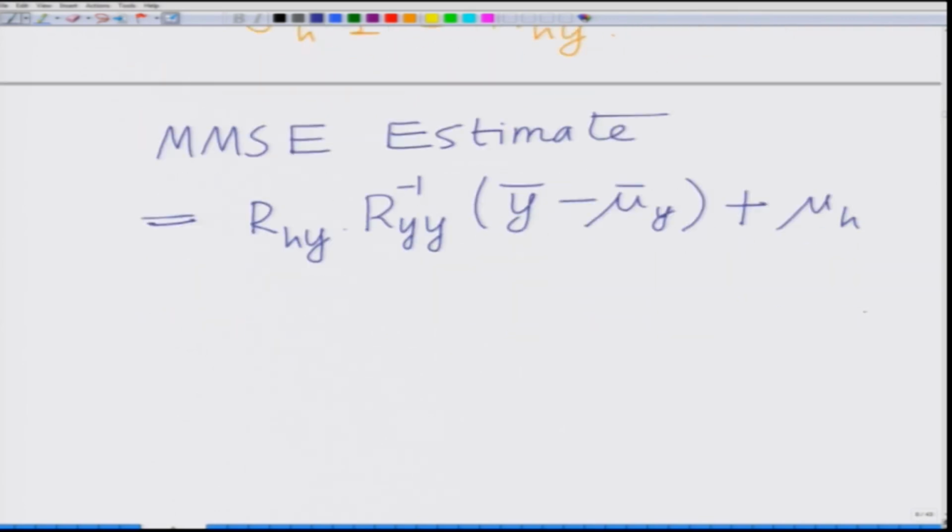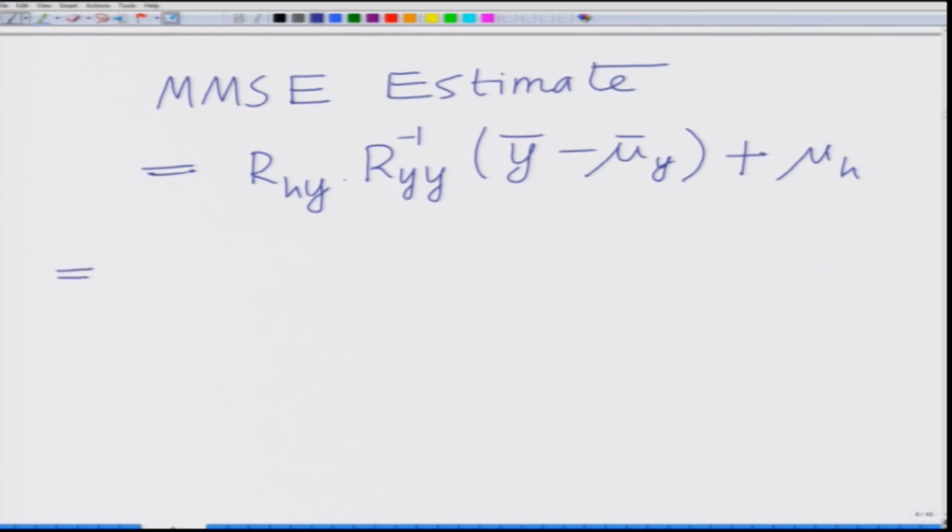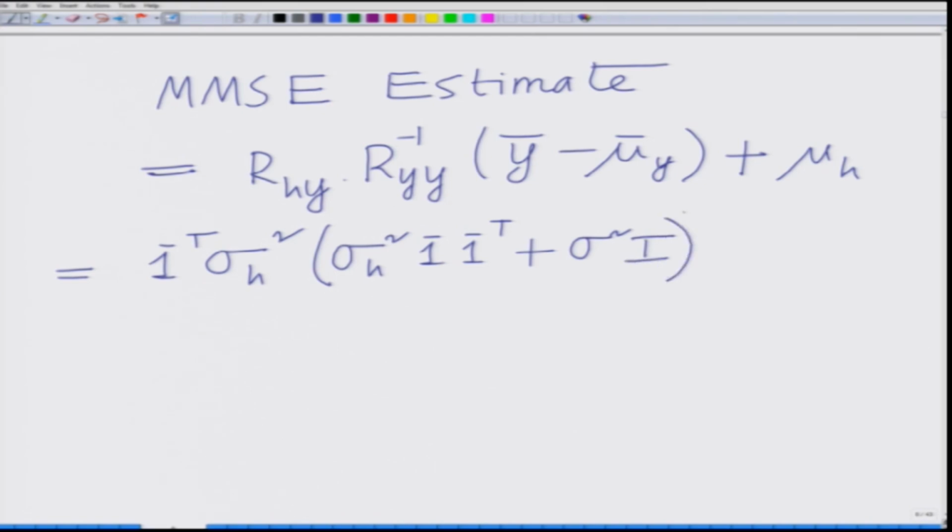We know each of these quantities: R_hy we have calculated is 1 bar transpose times sigma h square, and R_yy we have calculated as sigma h square into 1 bar 1 bar transpose plus sigma square identity, inverse, into y bar minus mu y bar, which is 1 bar into mu h, plus mu h.